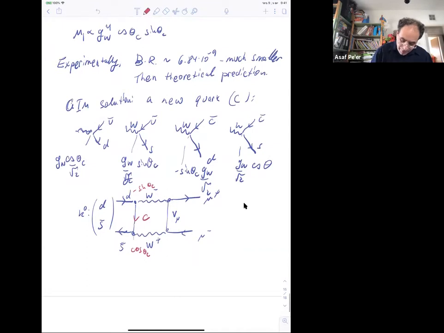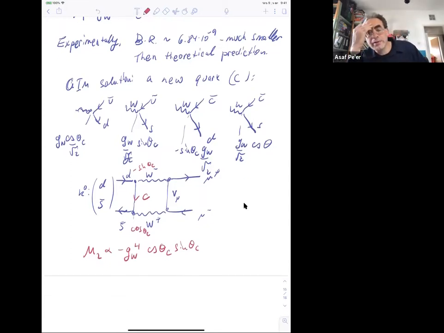So the amplitude here, M2, will be minus G weak to the 4 cosine theta Cabibbo sine theta Cabibbo, which would cancel out M1. They nearly cancel out, but not exactly, because the mass of the charm quark is not the same as the mass of the up quark.